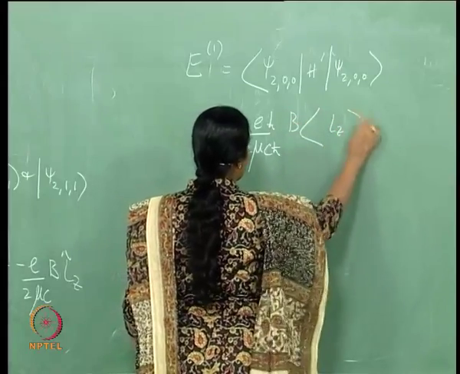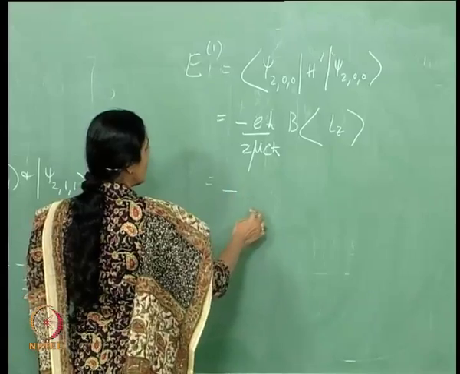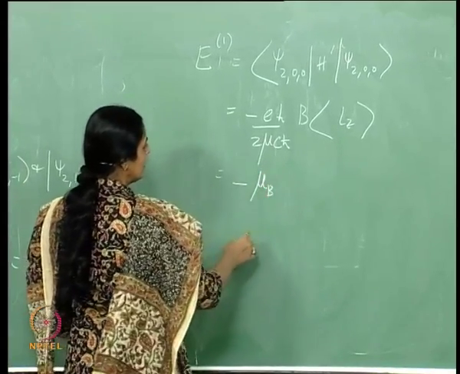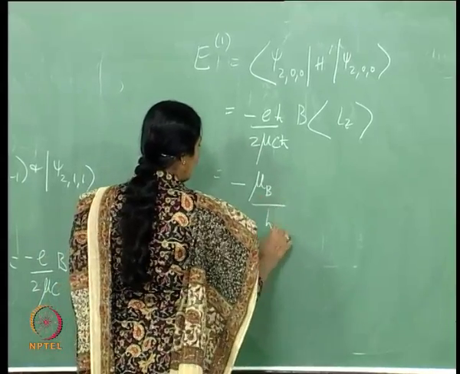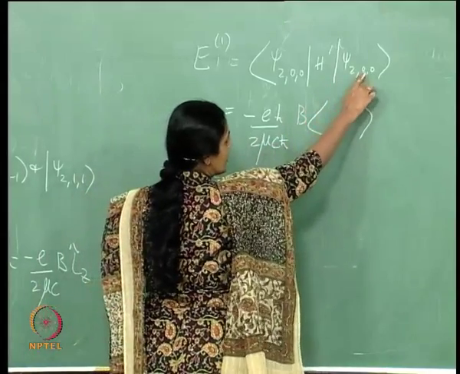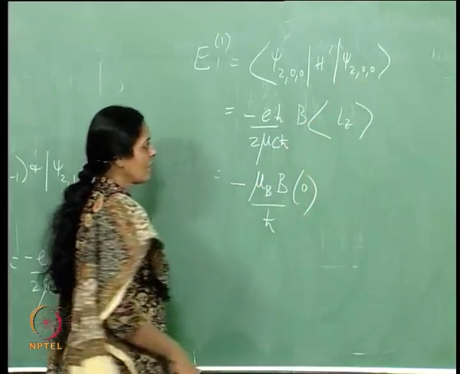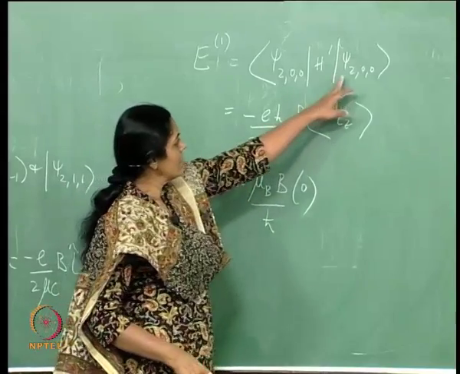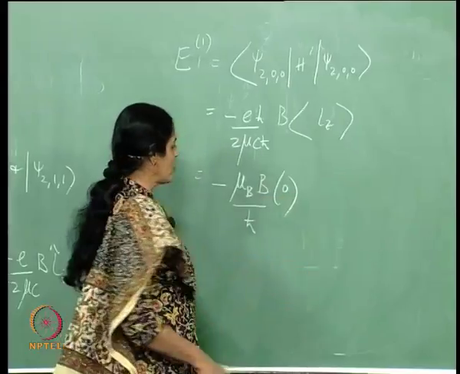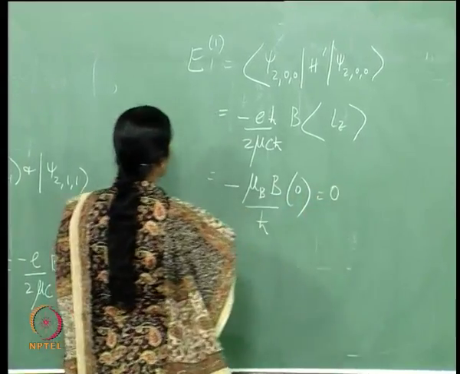Expectation value of Lz in the state. So that is minus the Bohr magneton, let me call that mu b, by h cross, times B. Expectation value of Lz in this state is 0. Remember, Lz acting on psi 2 0 0 is 0 h cross psi 2 0 0. So the answer is 0.